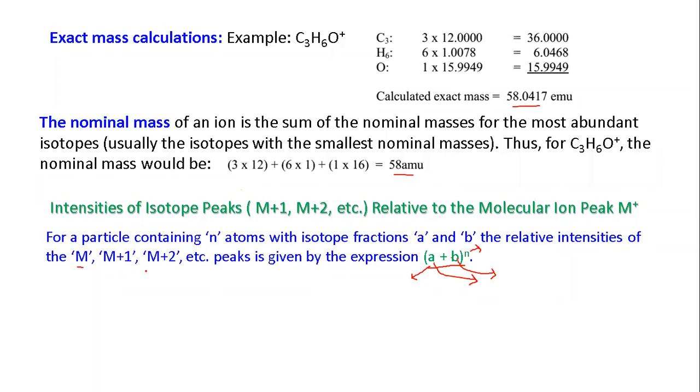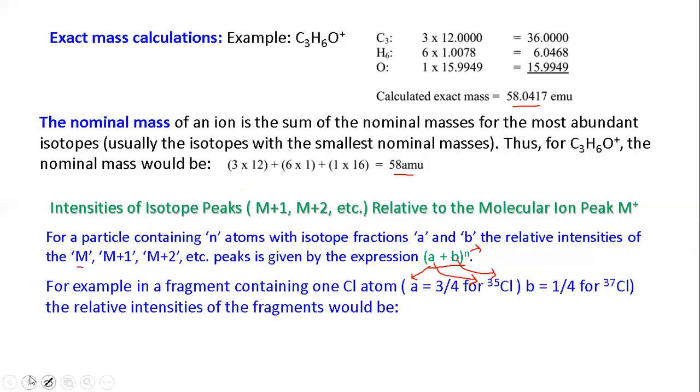And if you have two C13, that means you are having M plus 2. So that is what we are pointing out here. Now let us look at one example and it will be clear to you. For example, suppose in a fragment ion, we have one Cl atom.